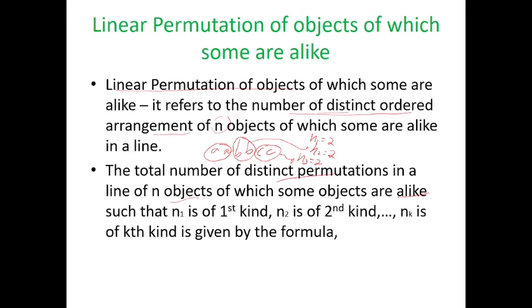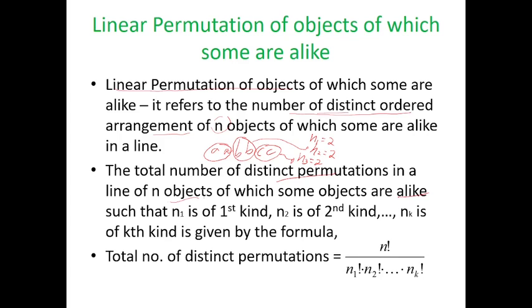So how do we solve this? It's given by this formula for the total number of distinct permutations. We have n factorial here, where n represents 6, the sum of n1, n2, and n3: 2, 4, 6, we have 6 all in all.